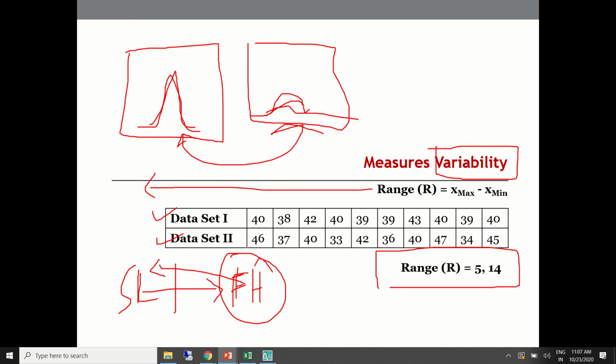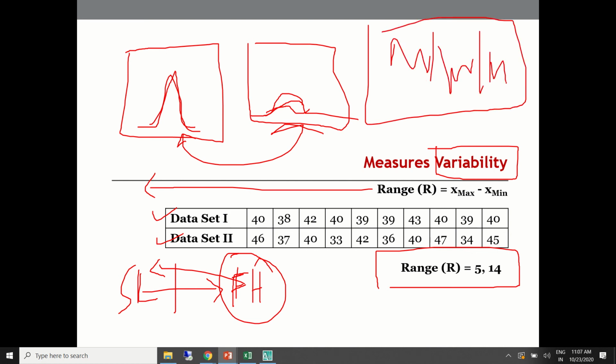Similarly, we have also seen mean, median and mode. These tell us the average value, the middle number in the data set, and the most frequent number in the data set.